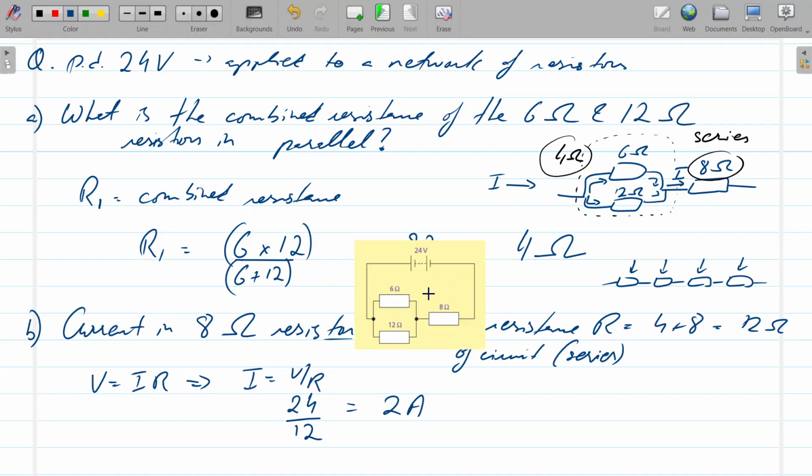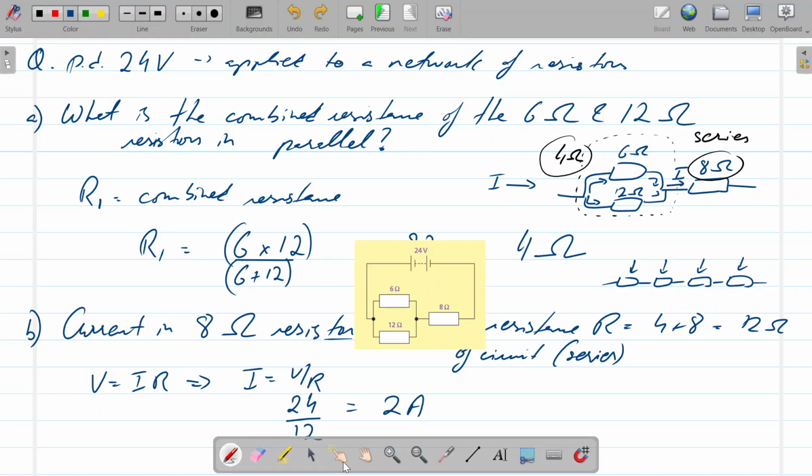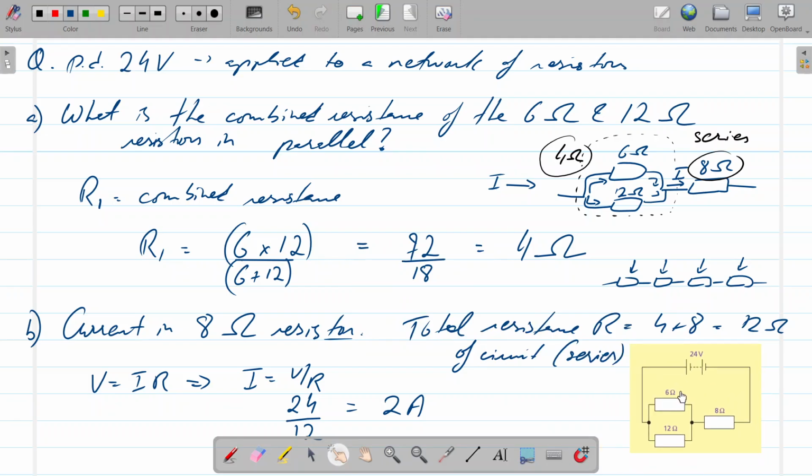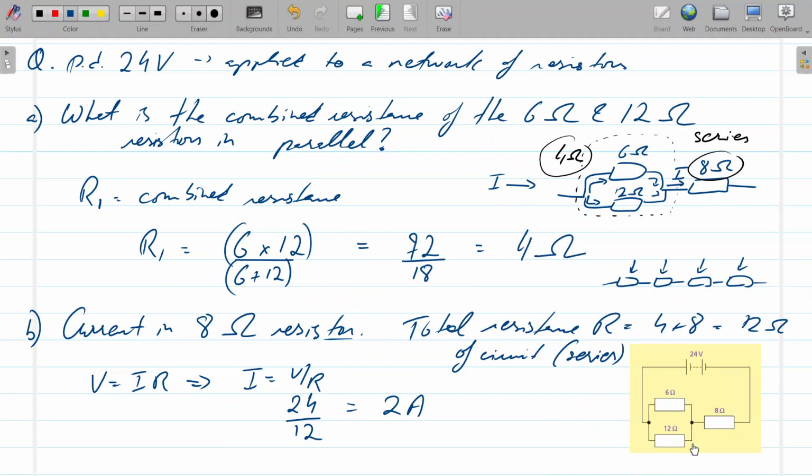So you can see this circuit. Yeah, I can. You've got the 24-volt supply over here. It's coming in, so whatever current there is here is the same over here. It's splitting over here because these two are in parallel, but it's coming back and joining.